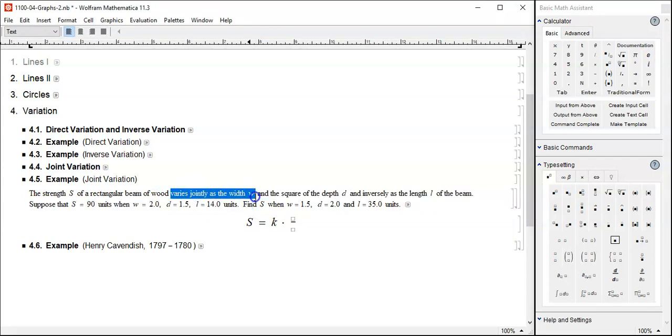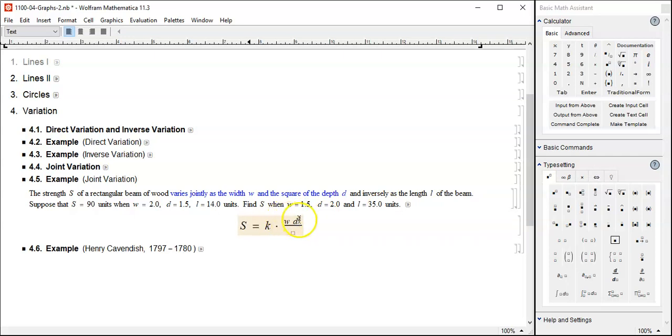Varies jointly with W and the square of depth D, the problem says. It did not specify directly, but if it doesn't specify, then it's a direct variation. So W goes here, and D squared goes there, and those are direct variations.